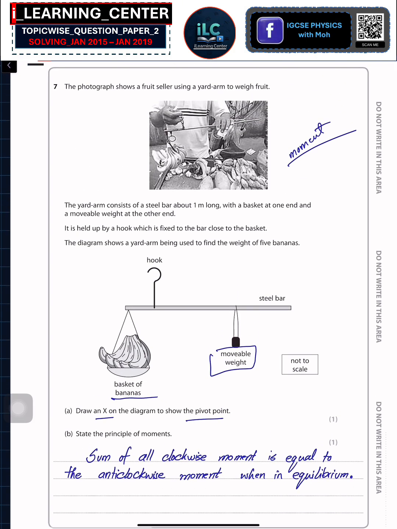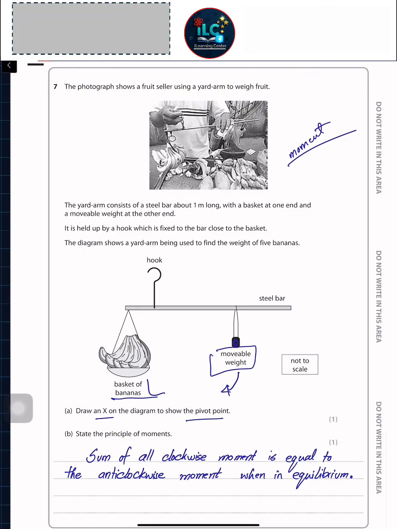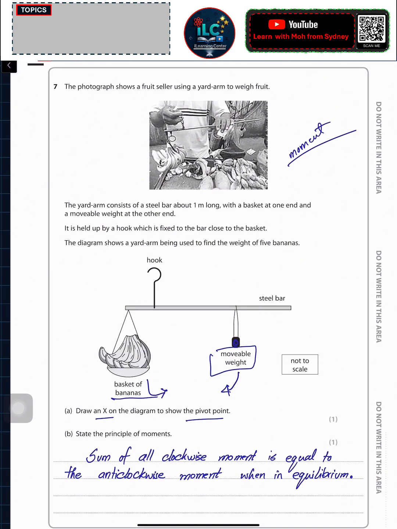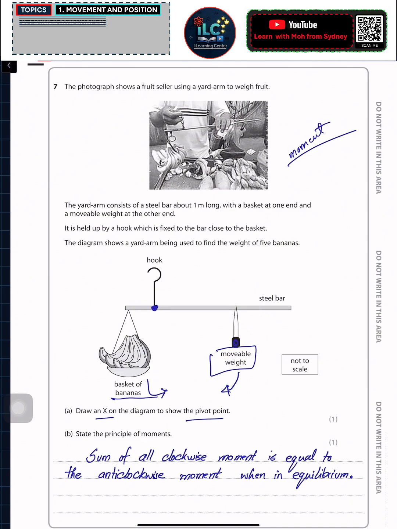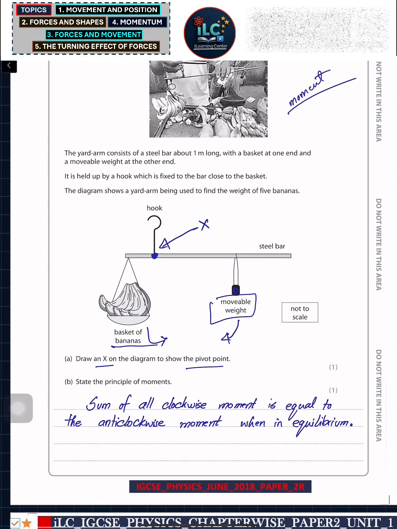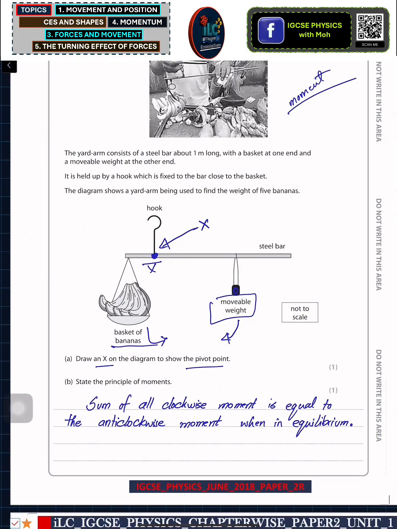So here, this is a weight. So you have a moment across this and you have another moment across this. So definitely this is going to be your point of pivot. So I'm just gonna make this an X, or you can say here it's an X, up to you.